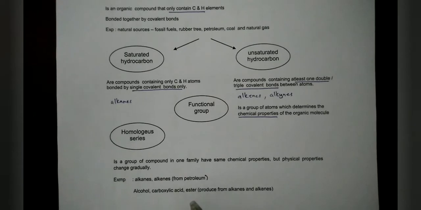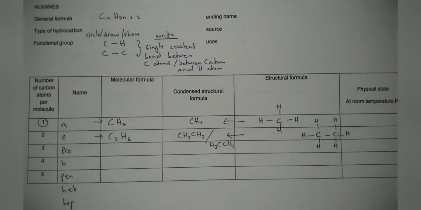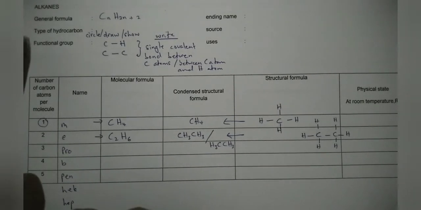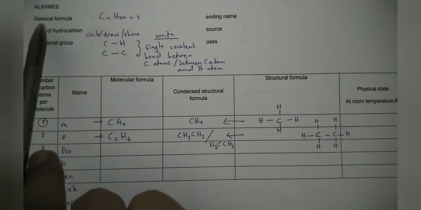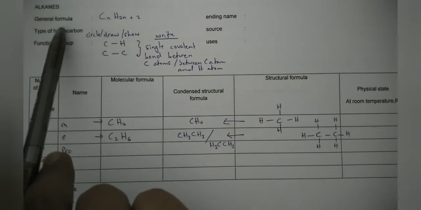Alcohol, carboxylic acid, and ester produced from alkane and alkenes. We can learn about alcohol, carboxylic acid, and ester when we learn about the chemical properties of alkane and alkenes. About homolog series of alkane, the important thing we need to know is the general formula.